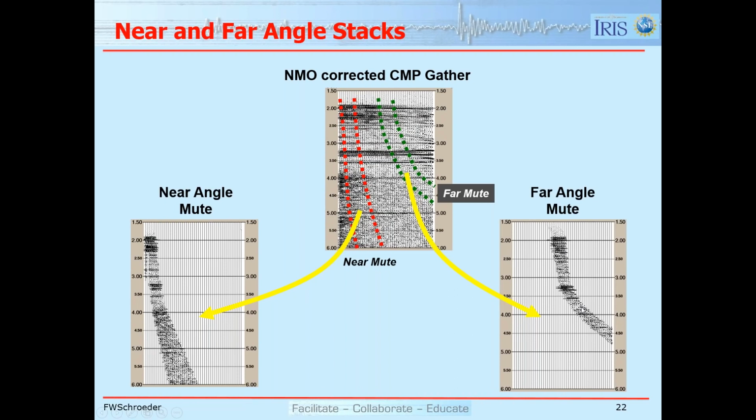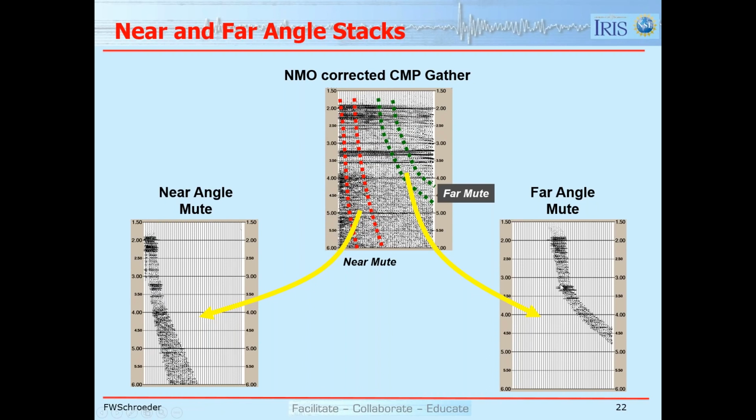Whenever we talk about a partial stack, we will not have as much fold, we will not have as many repeat measurements as we do in the full stack, but there are some important changes between what the response of a particular reservoir might be in near stack amplitude versus far stack amplitude.